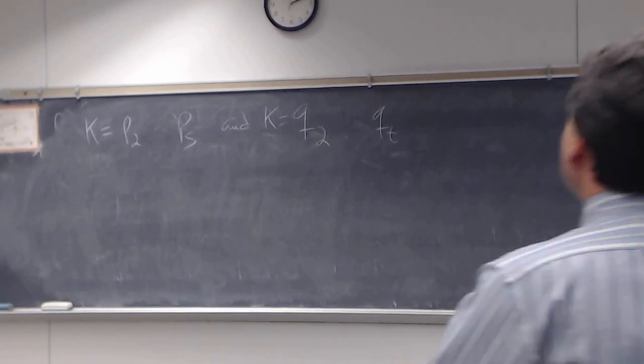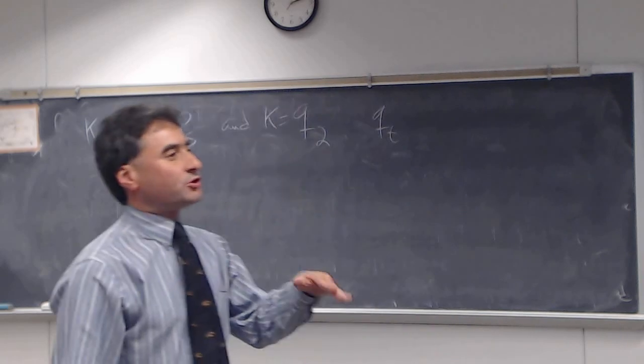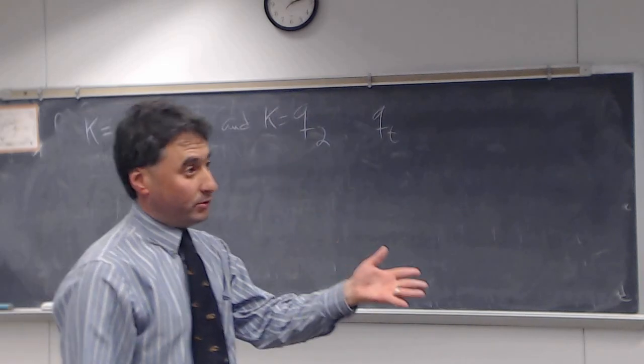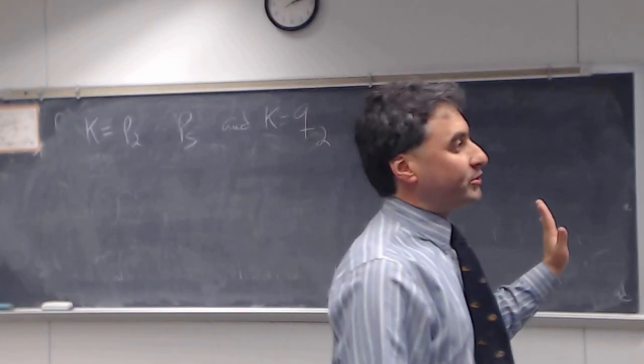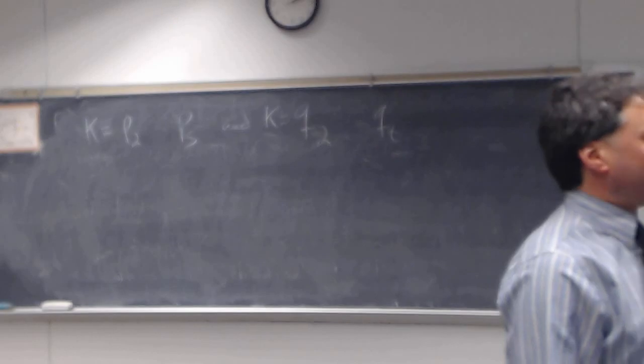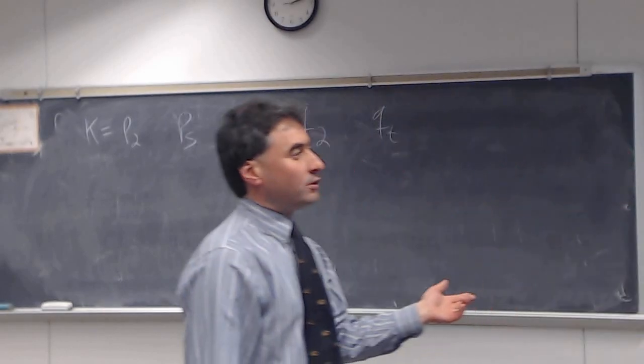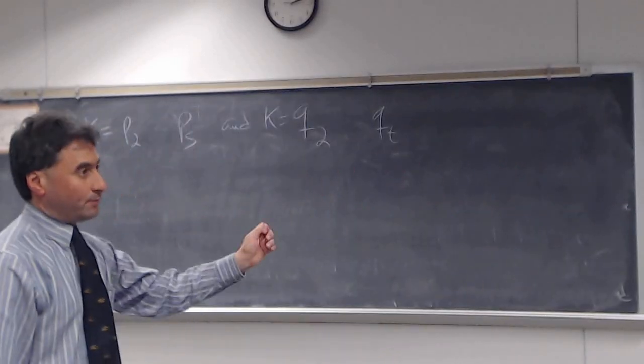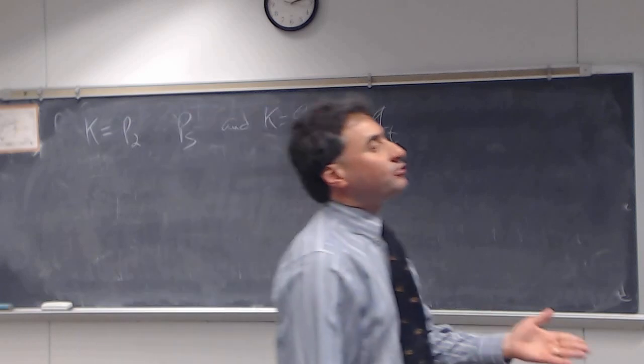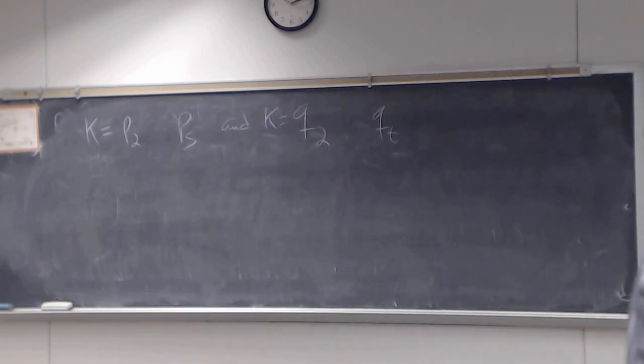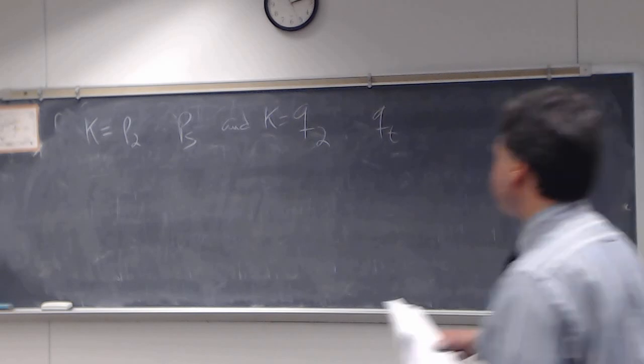Right, remember, k is just n plus 1 divided by q1, but n plus 1 is q1 all the way up to qt, so if we divide by q1, we are left with q2 up to qt. n plus 1 is also p1 up to ps, and if we divide by p1, that cancels, and we're left with p2 up to ps.